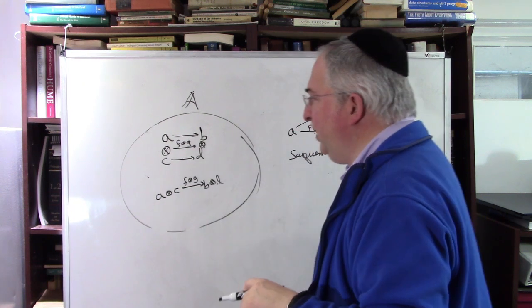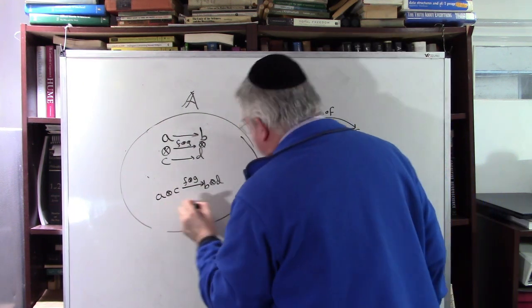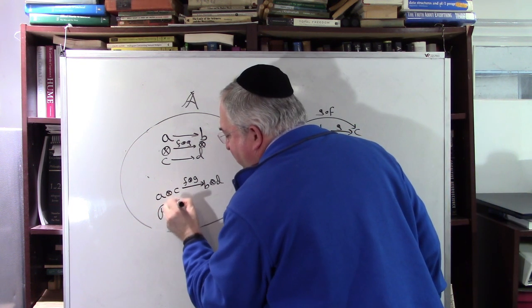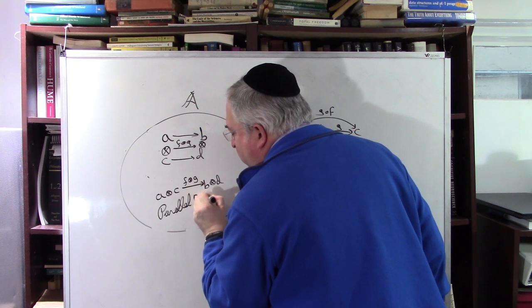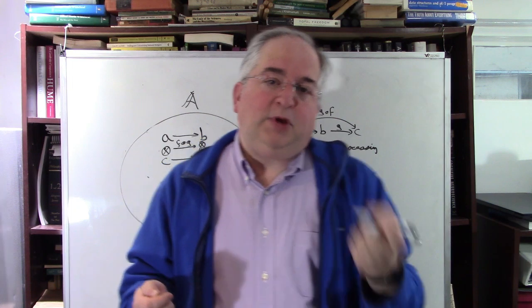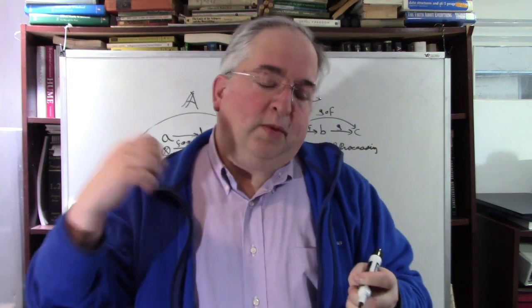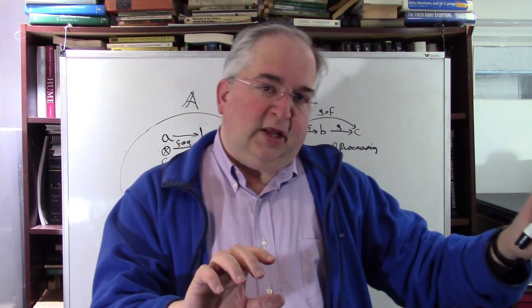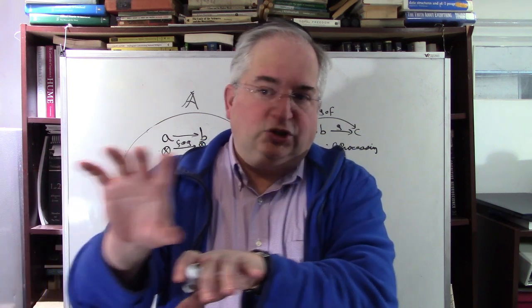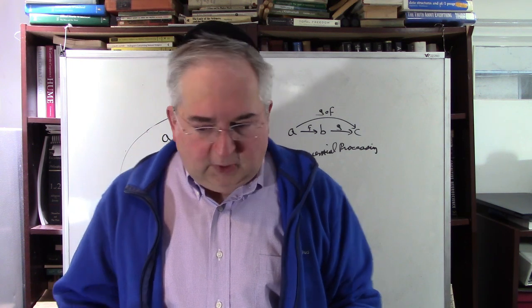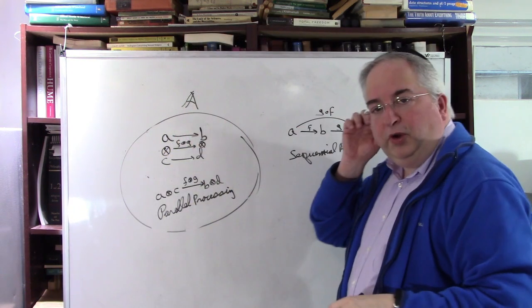Another way of talking about this is if this is sequential processing, this is parallel processing: doing one process at the same time as you're doing another process. So sequential processing is doing one and then another, and parallel processing is doing both of them at the same time.